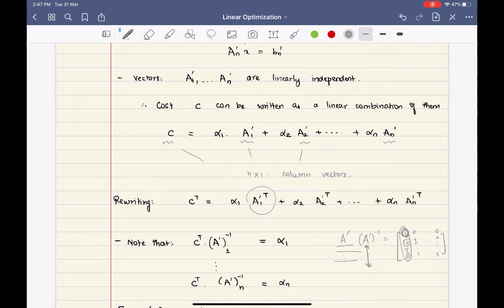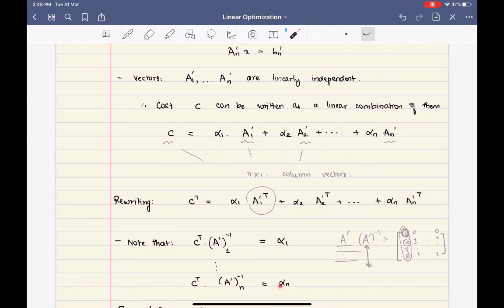So let me first multiply this thing with the first column of A prime inverse. This one into the first column should give me 1, and hence I have alpha 1. This one with the first column should give me 0, and this one with the first column should give me 0. So to get alpha 1, all that we need to do is to multiply C transpose with the first column of A prime inverse.